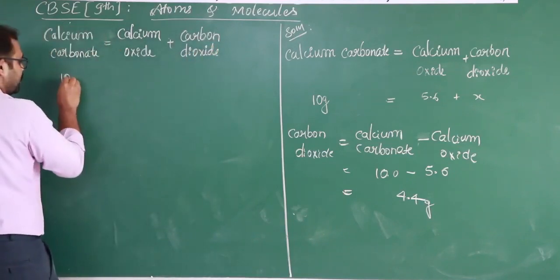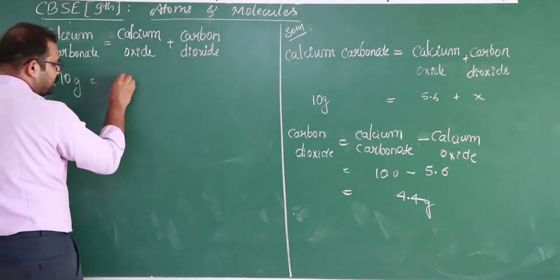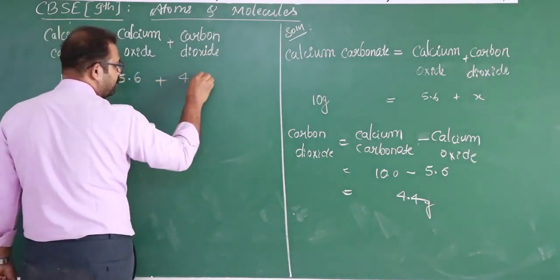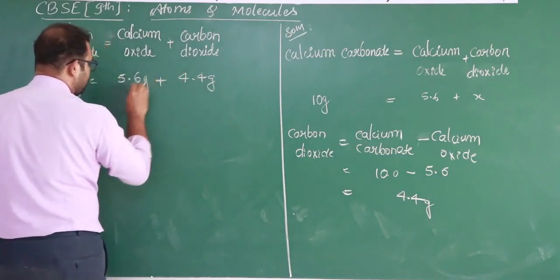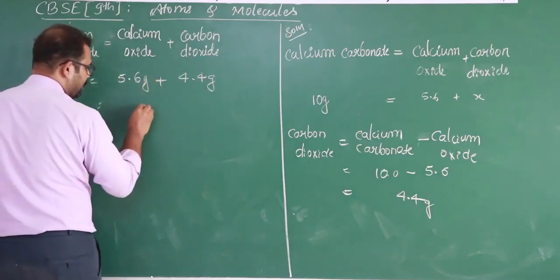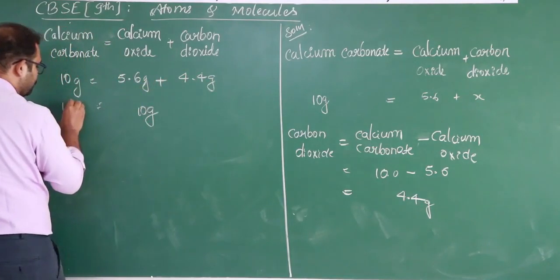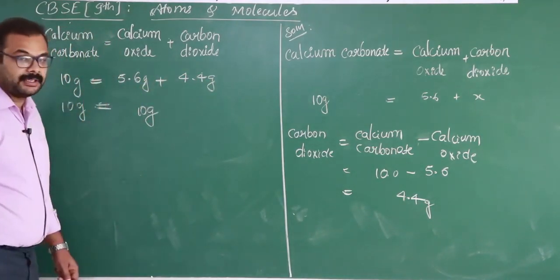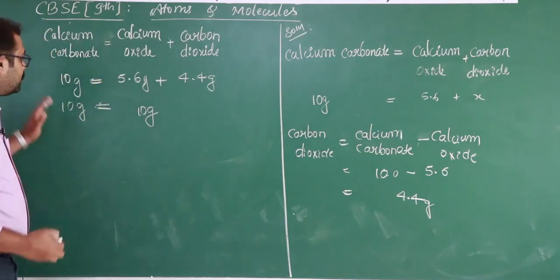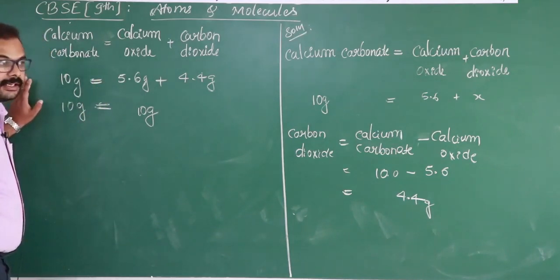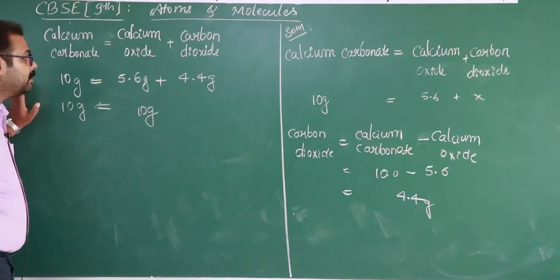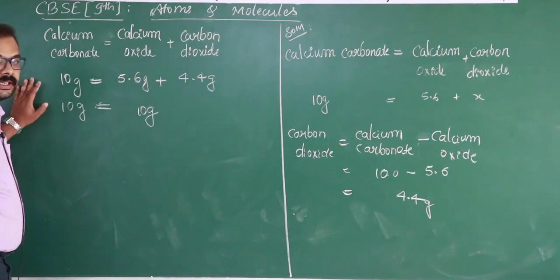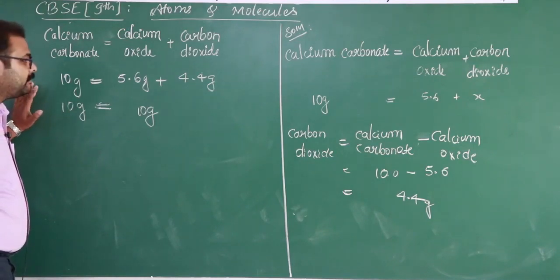We know that it is 10 gram, calcium oxide is 5.6 and carbon dioxide is 4.4 gram. Now if we add, we will get 10 gram each on both the reactant side as well as the product side. So again this shows that the mass of the reactants is equal to the mass of the products, which shows that this chemical equation obeys the law of conservation of mass.